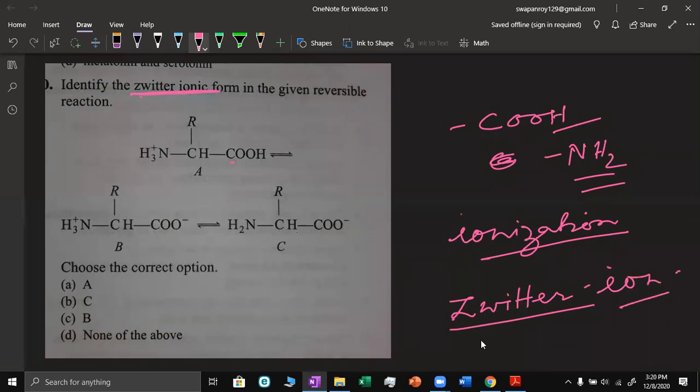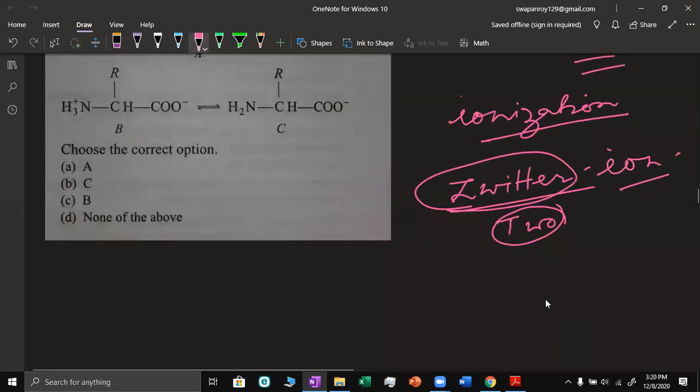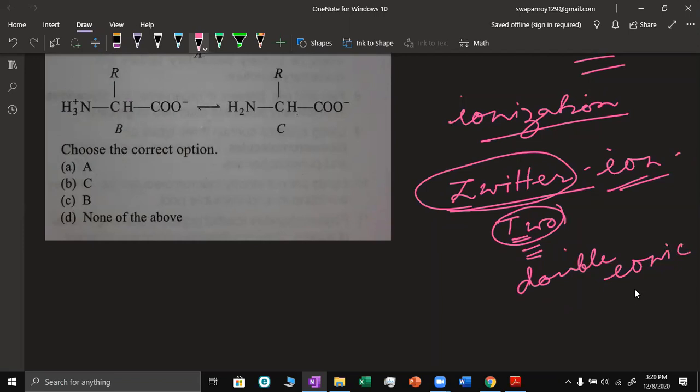Here the prefix zwitter is equivalent to two. Okay, the meaning is two ion or double ionic form.